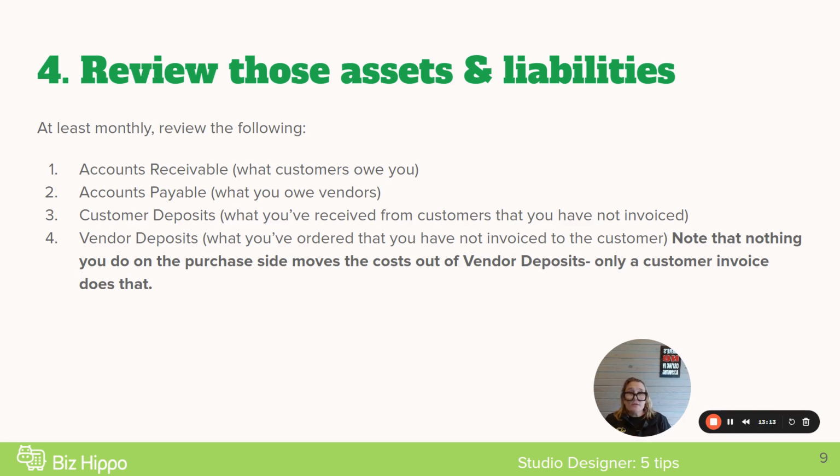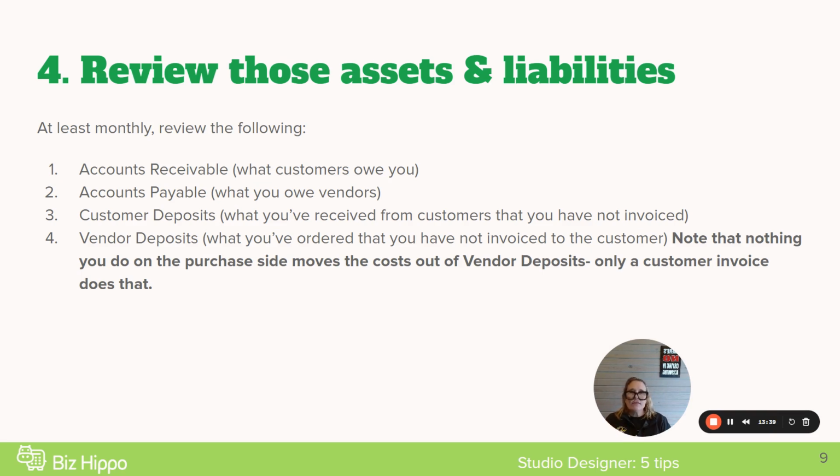And vendor deposits are the items that you've ordered from vendors that have not been put on a client invoice yet. Don't forget, nothing moves out of these deposit accounts and onto your income statement until the item is placed on a client invoice.